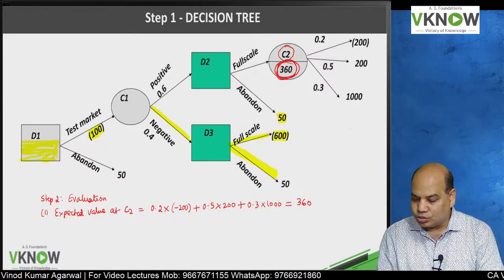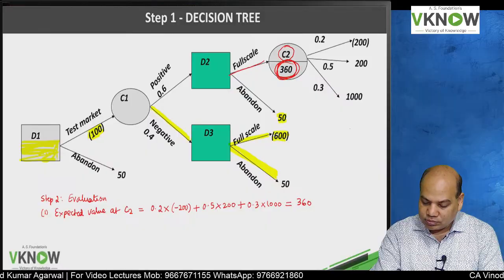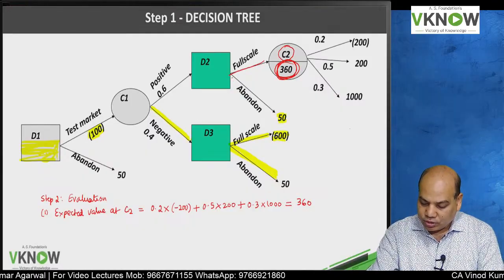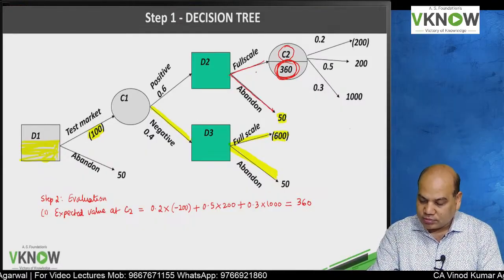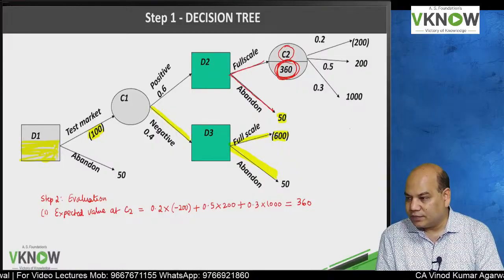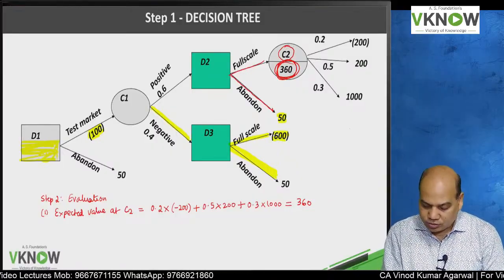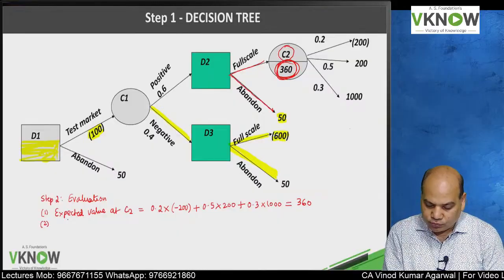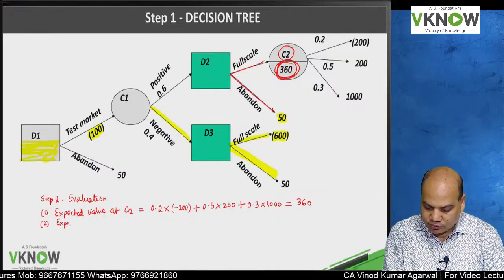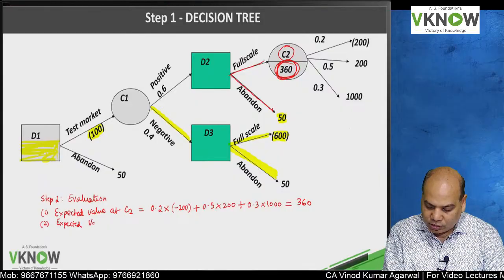Now C2 is emerging from D2 and D2 has two branches. The objective is maximization of profit, so I will take the higher of the two figures. Now write down expected value at D2.